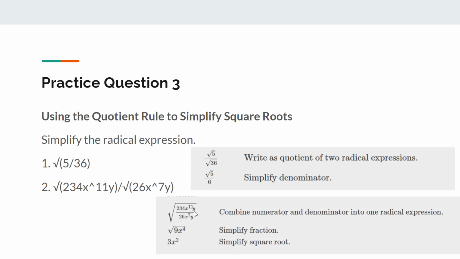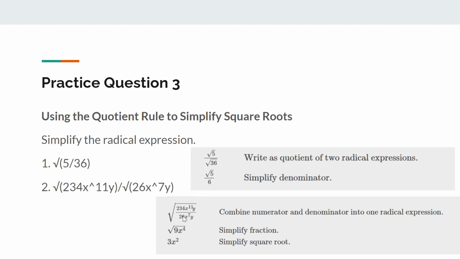when we factor the numerator and the denominator out, we get 9x to the 4th power, since we can subtract 11 by 7, and this is just 1 minus 1, so we don't have any y left, but we get x to the 4th power on top.